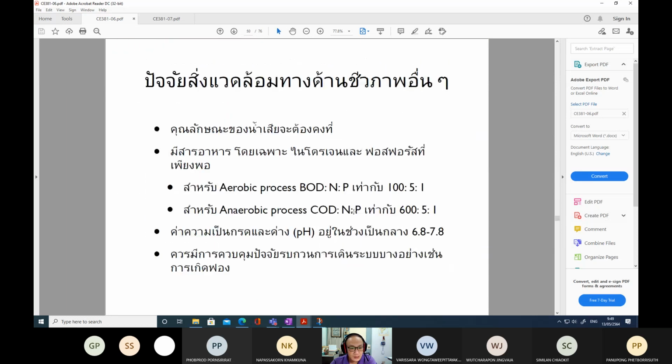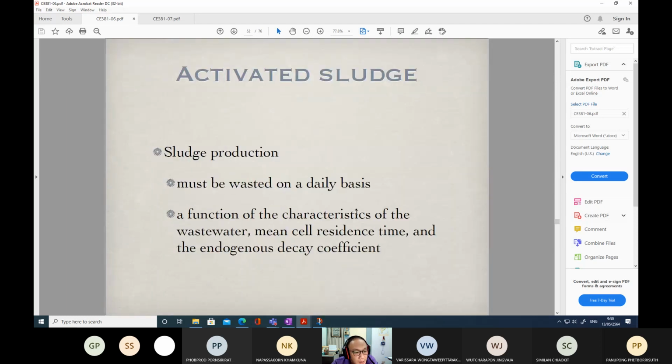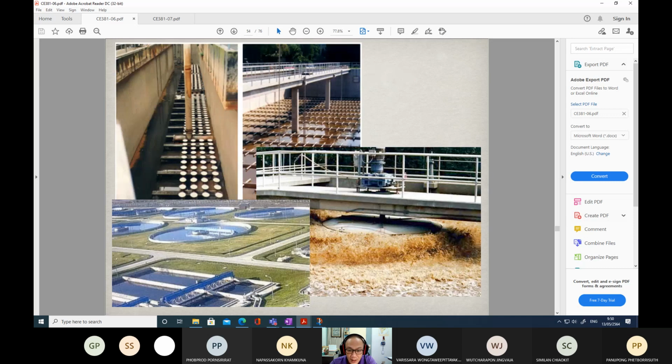The organic substance can be easily degraded by biological degradation processes carried out by the bacteria, and these systems actually mimic the self-purification process which normally occurs in nature.